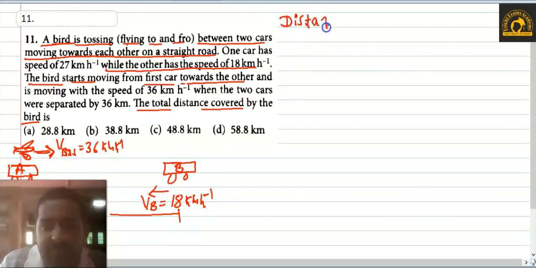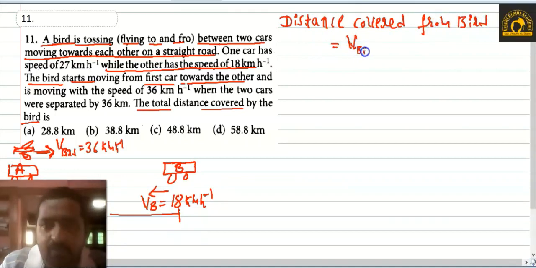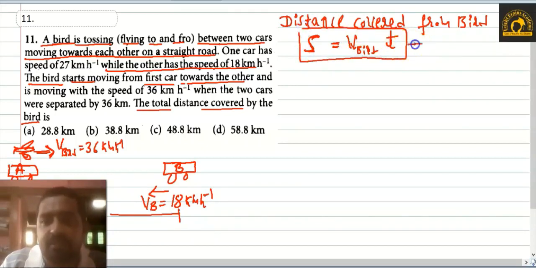The distance covered by the bird is equal to the velocity of the bird into what? Time. S is the distance, velocity into time.